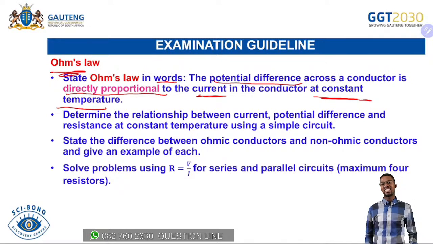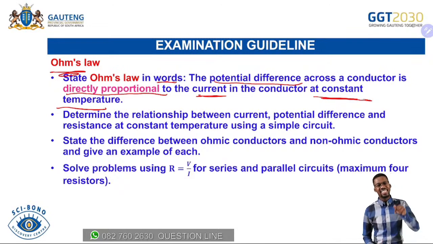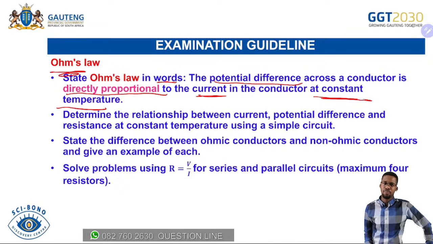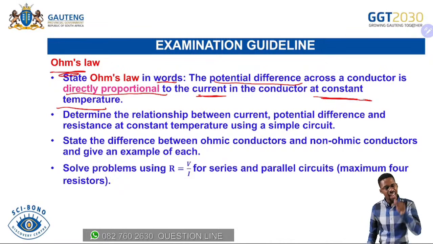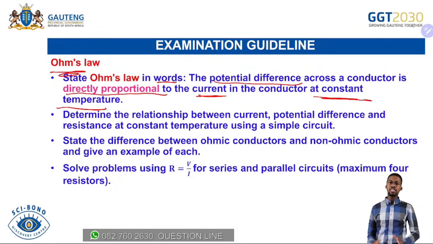It states that the potential difference across the conductor is directly proportional to the current in the conductor at constant temperature. So don't forget, at constant temperature. This is what the exam guideline is saying, and we need to stick to the exam guideline.